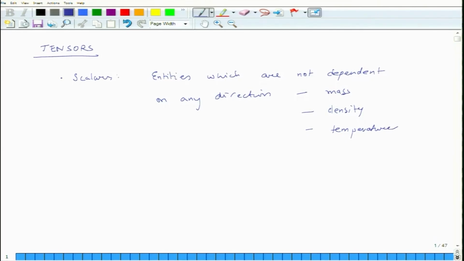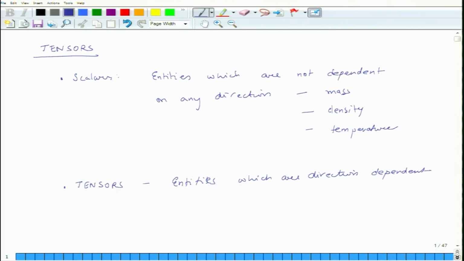So, these are scalars. Then we have another set of entities which depend on direction, and their values are specific to the coordinate system which we are using. These entities are called tensors. So, these are entities which are direction dependent.